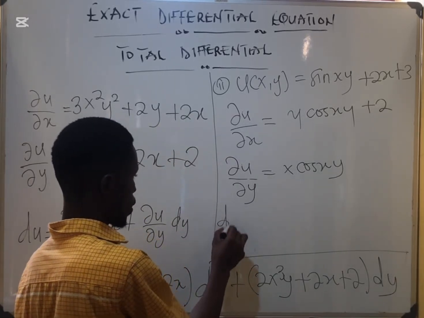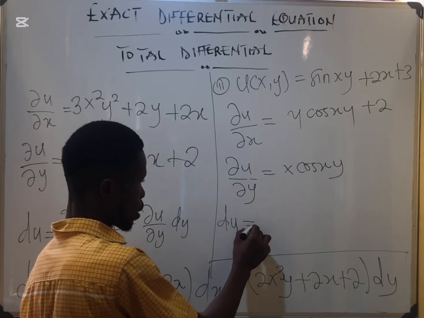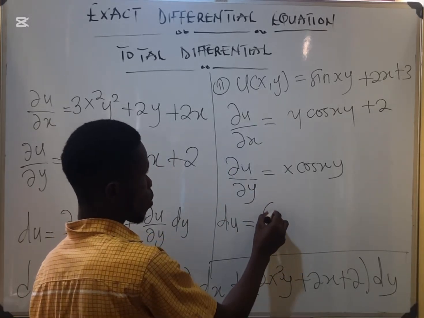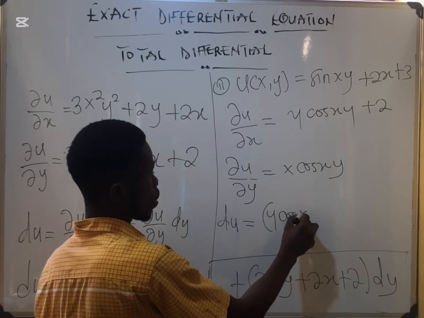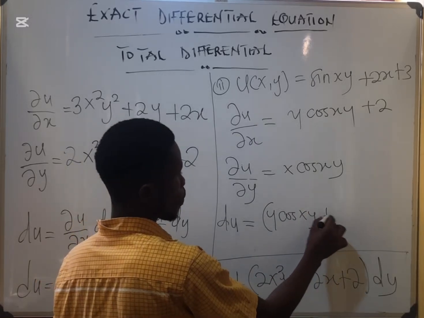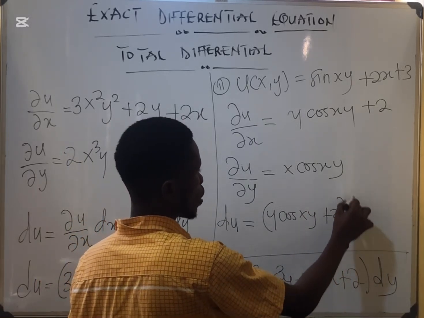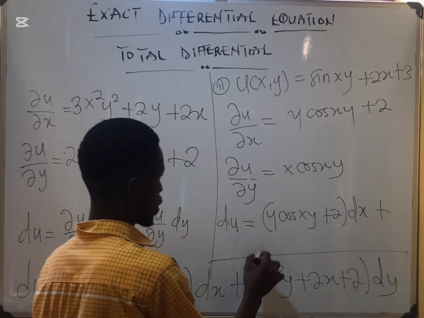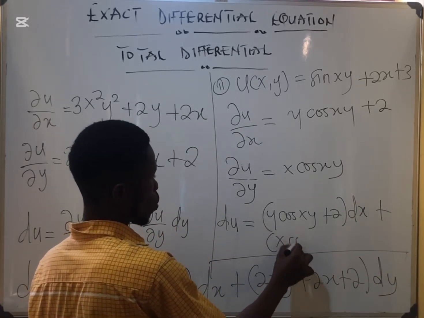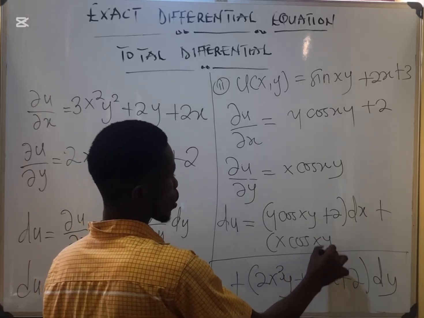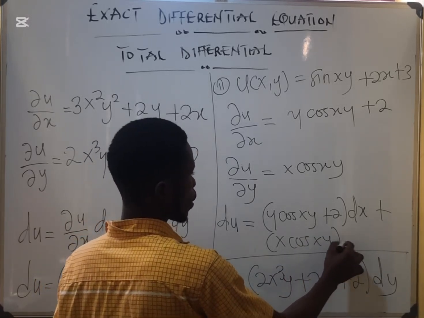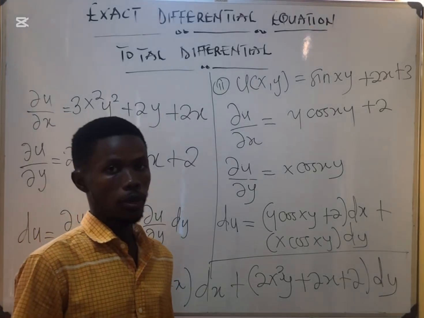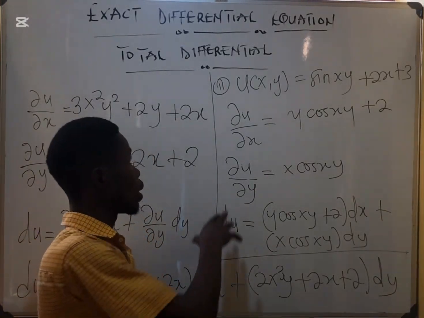So my final answer will be du equals the partial derivative of this, which is y cos xy plus 2 dx plus x cos xy dy. So that becomes the total derivative of this.